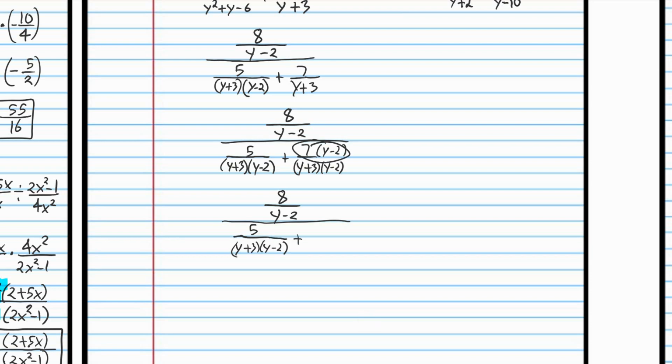Seven times y minus 2, using the distributive rule, we have 7y minus 14.